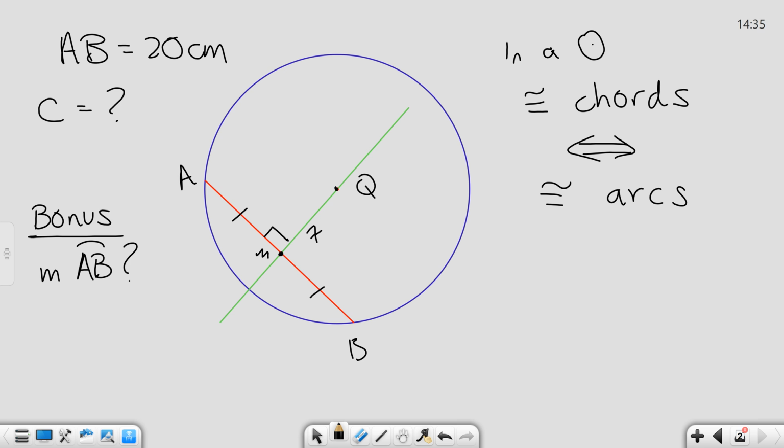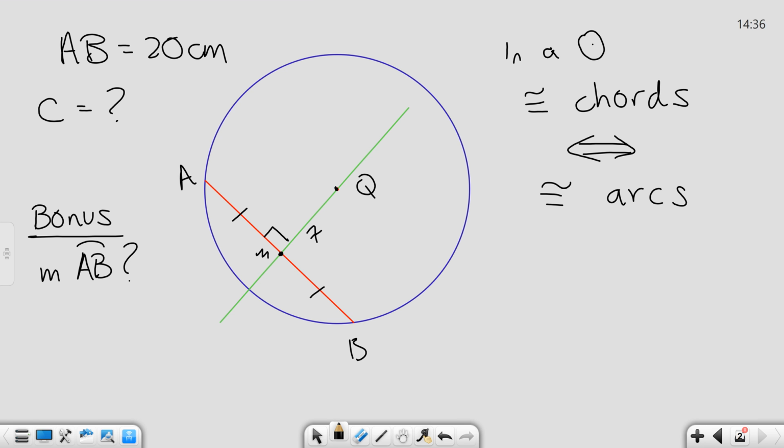Wait, I have a question. Couldn't we make a triangle here, and since it's a right triangle, do the Pythagorean theorem from Q to B to find that, and that's the radius, right?